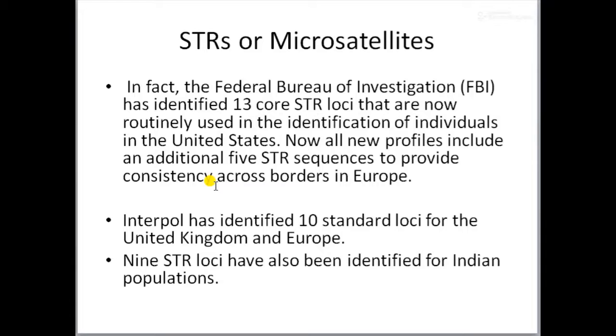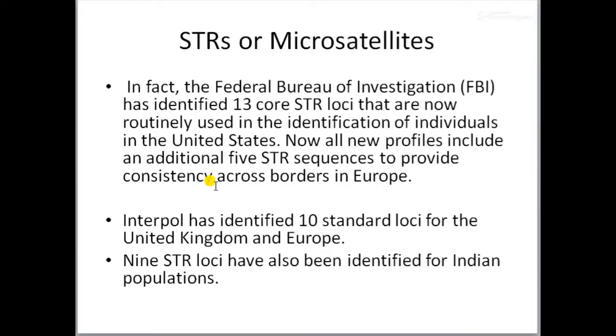Now I want to tell you which sequences should be used as short tandem repeats. When different individuals were analyzed, the FBI determined that 13 core STR loci, meaning STR locations or sequences, should be routinely used for the identification of individuals in the US.